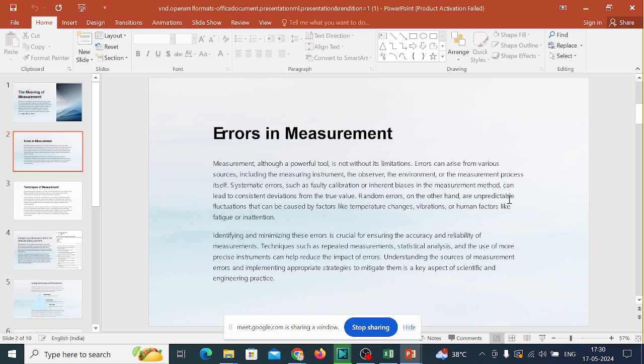I have already given you the example of the measurement of gold. Why have I chosen this example?